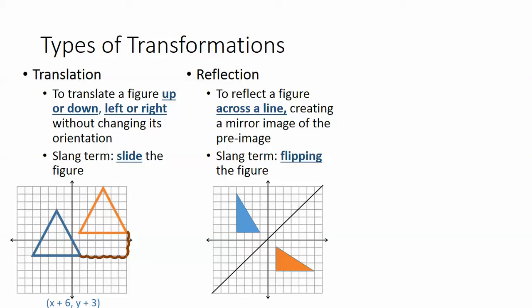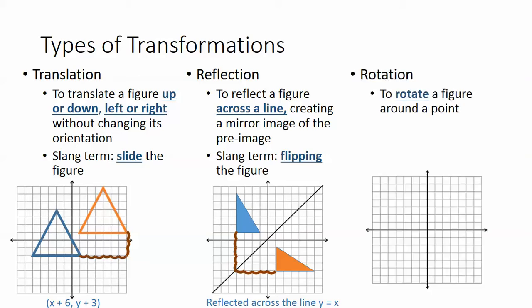When we have a line, we'll count straight down to it: 1, 2, 3, 4, 5. And the same distance down to the line is the same number of spaces we'll count over: 1, 2, 3, 4, 5. We'll do this for every point. We would call this reflection, reflected across the line y equals x.